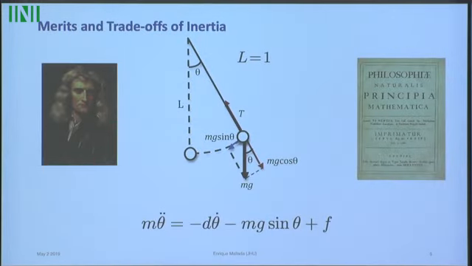Okay, so I figure the best way to understand things, since you are at the Newton Institute, is to think of a very simple system, like a pendulum, and try to understand what happens when you have high and low inertia in the system. First of all, I like to write it like this, and now you see how inertia appears down here, and it's a way of making the system accelerate slower.